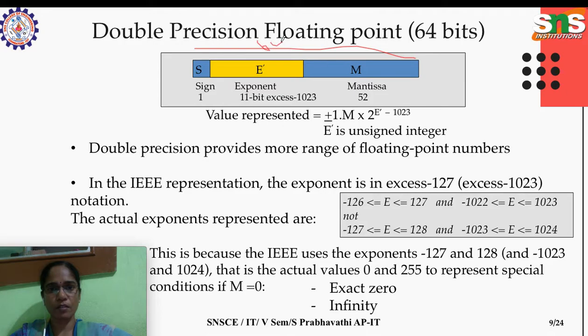There is no other difference in concept; both are the same, only the bit range differs. Here one bit is allocated to indicate the sign, and the exponent is 11 bits instead of 8, with a bias of 1023. In single precision we saw the bias is 127, and here 1023 is the bias value.